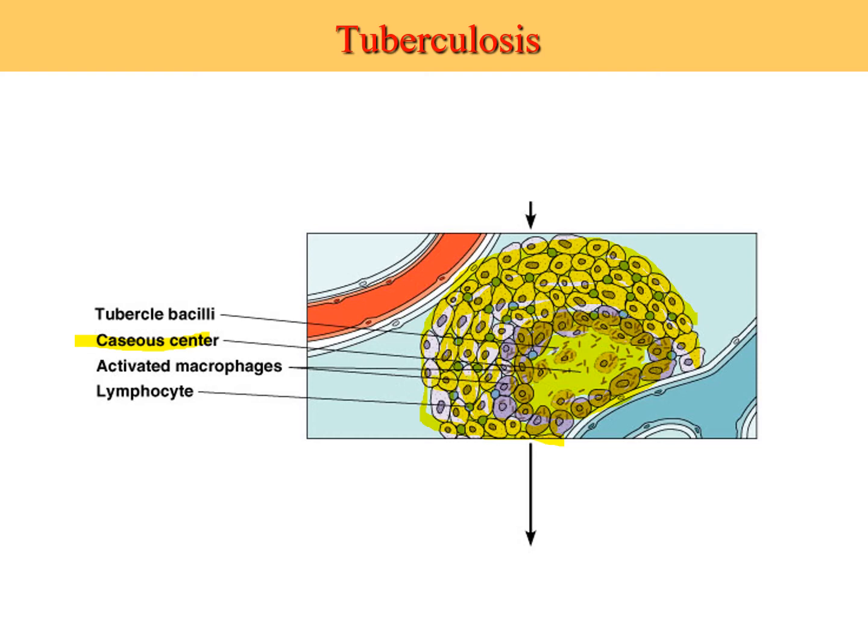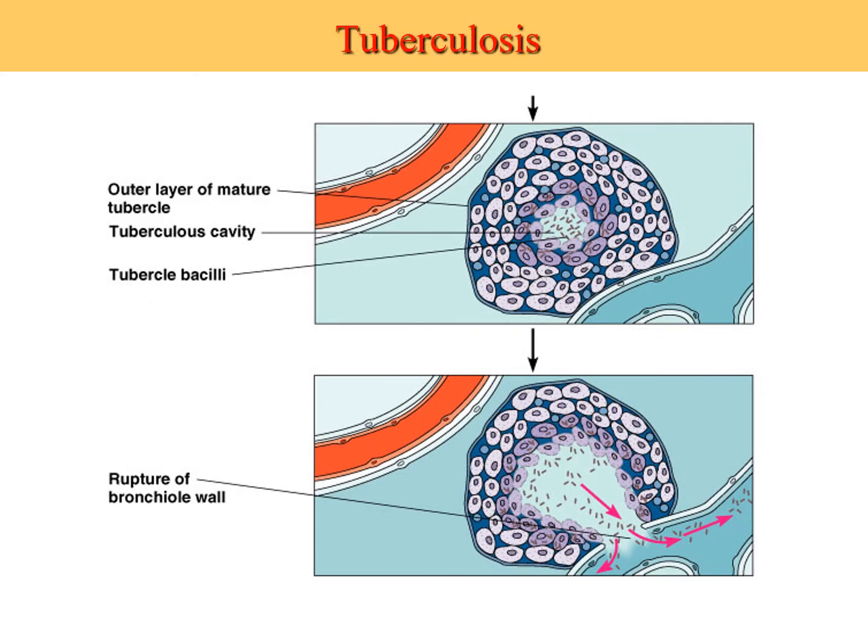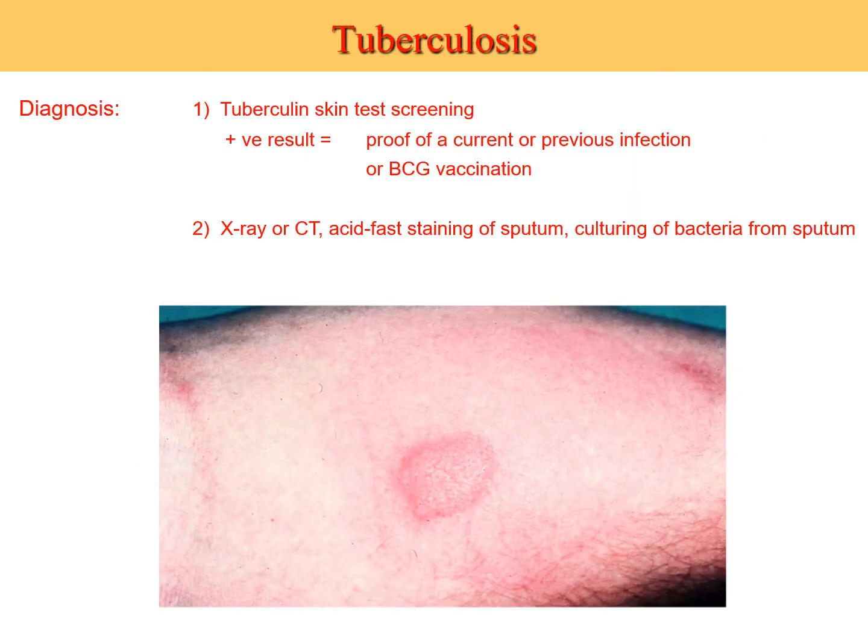Now, unfortunately, if the disease progresses, this tubercle actually ruptures into the bronchial space, and so the bacteria in the caseous center get released into the bronchial space and spread further through the lungs.